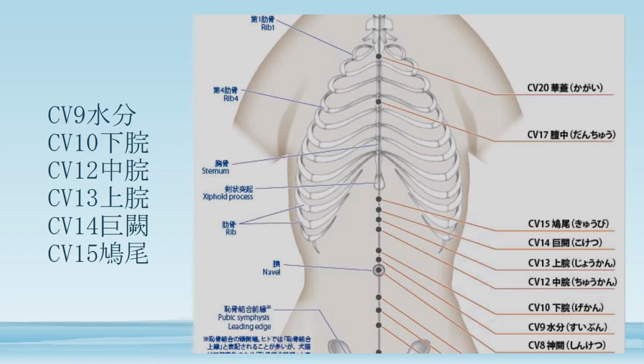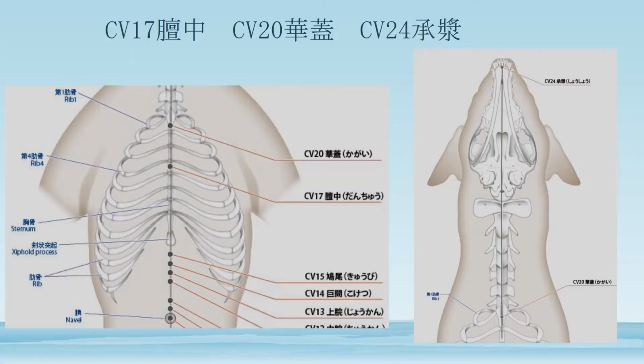And we go up the midline and we have CV17 and CV20. CV17 is at the 4th intercostal space in the midline. And then you go up. At the level of the 4th intercostal space, there is CV17.